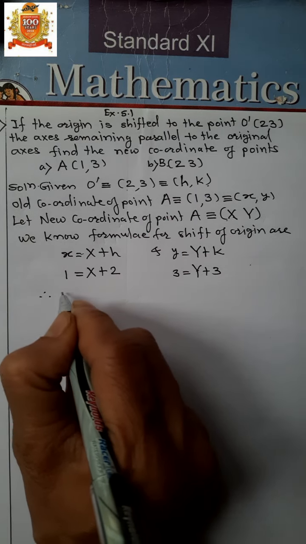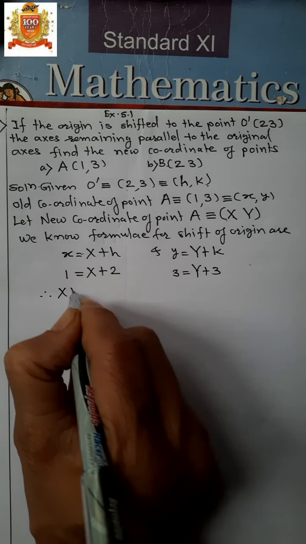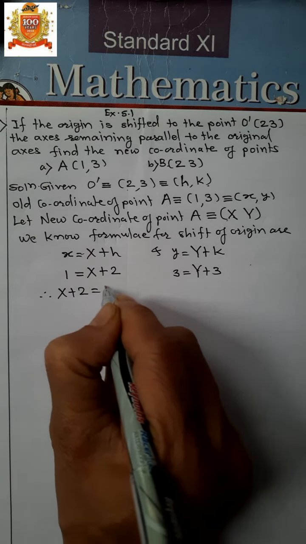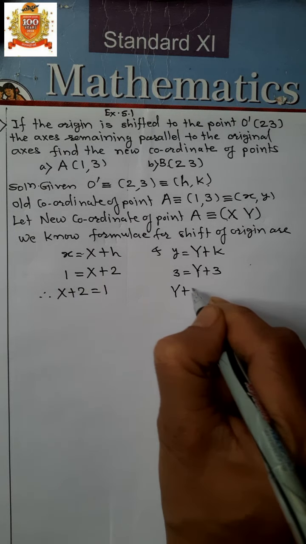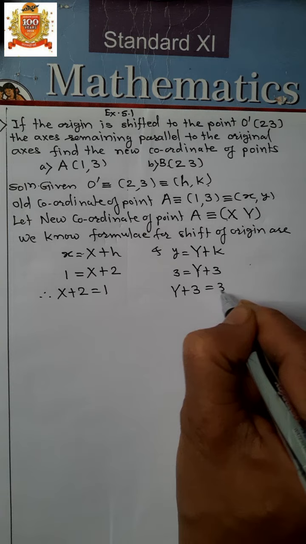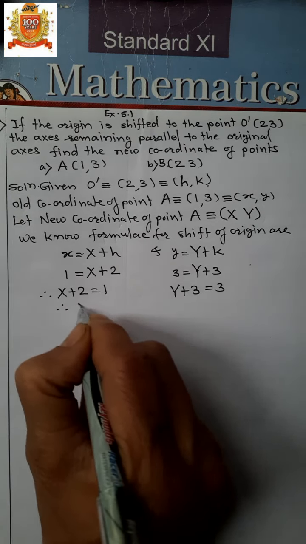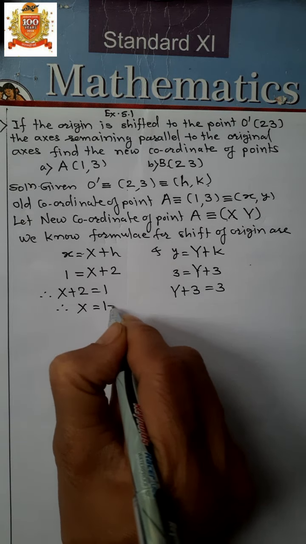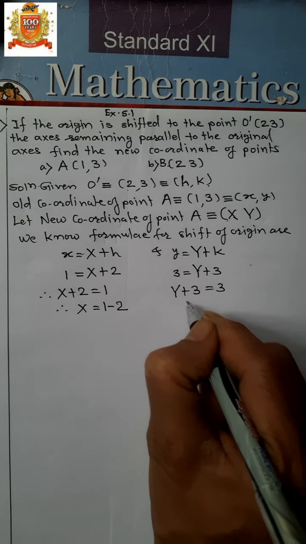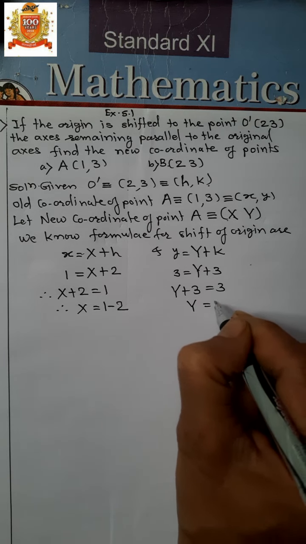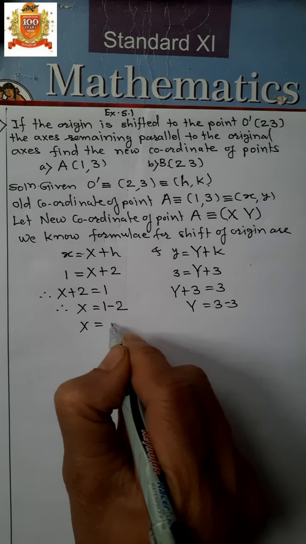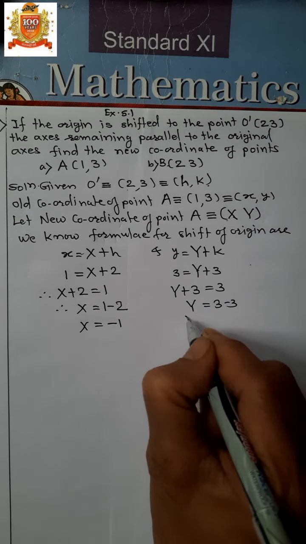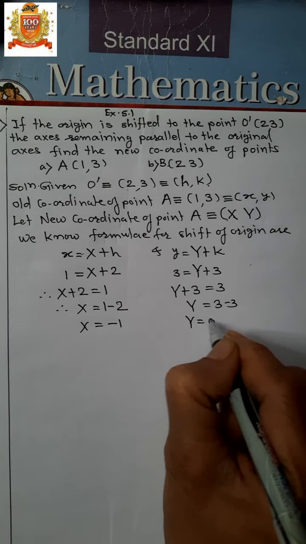Therefore, capital X plus 2 is equal to 1, and capital Y plus 3 is equal to 3. Therefore, capital X is equal to 1 minus 2, capital Y is equal to 3 minus 3. Therefore, capital X is equal to minus 1, capital Y is equal to 0.